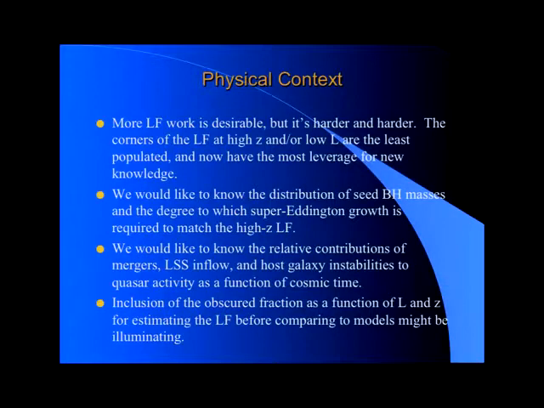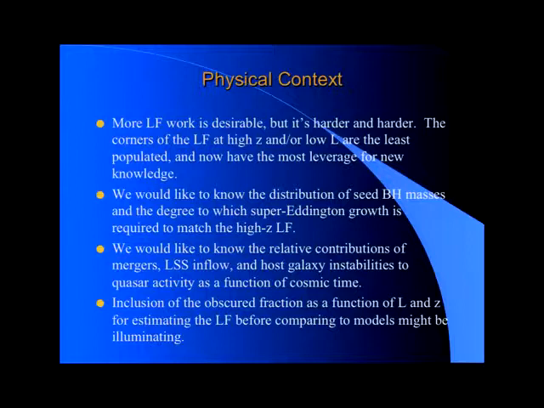Okay, I'll wrap up by saying that this is still a lively, exciting field that's very future-looking. The work's now getting hard because the interesting parts of the LF that are not populated are faint, high redshift, or both. And there's lots that we would like to know.